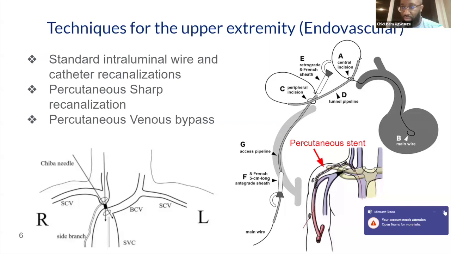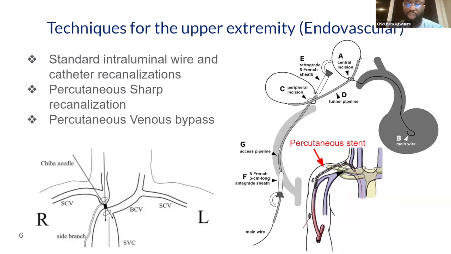Let's just keep going. Into the right brachial vein. Once you have access into the right peripheral vein, you advance a wire and catheter to the area of occlusion, and then you leave your wire there.